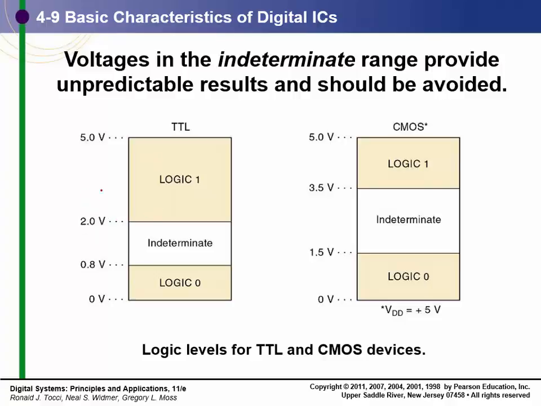And between 2 and 5 volts, it's considered a high. Our range is a little different on the CMOS because it's got crossover voltages of 1.5 and 3.5, so its range is a little bit more equal, top and bottom. That's one of the advantages of this.